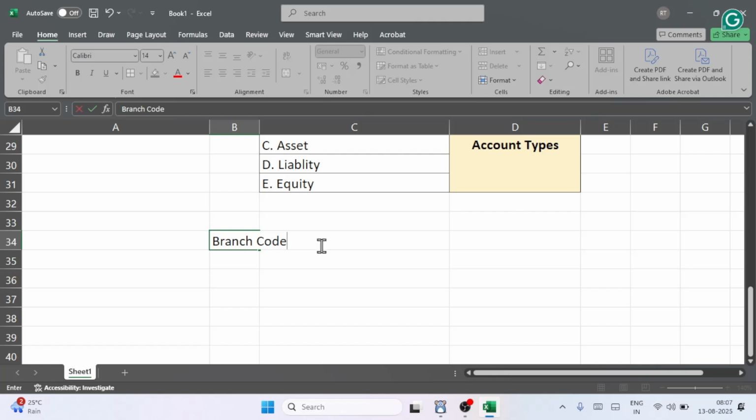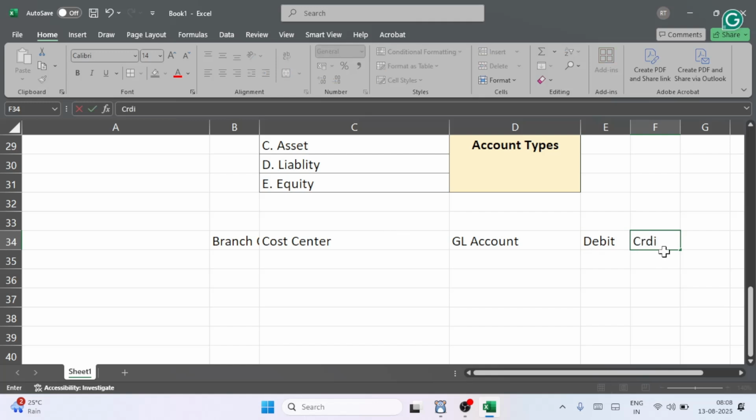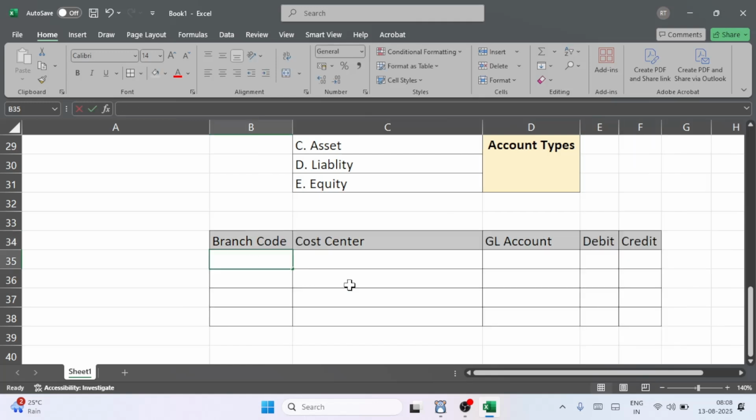Transport, cost center, GL account, debit amount, and credit amount. Now our branch code is Mumbai and the cost center is sales.